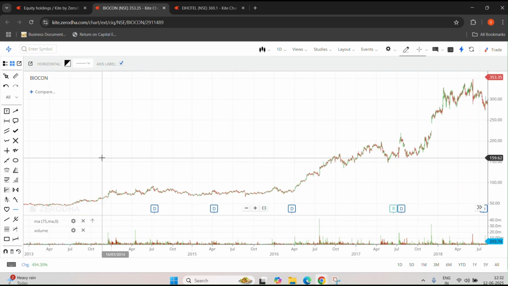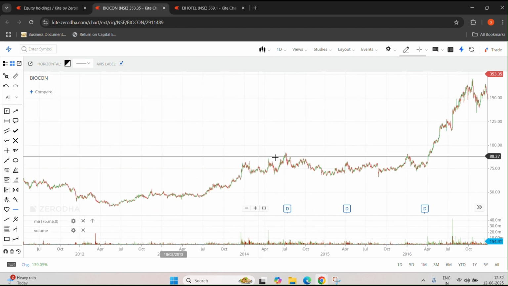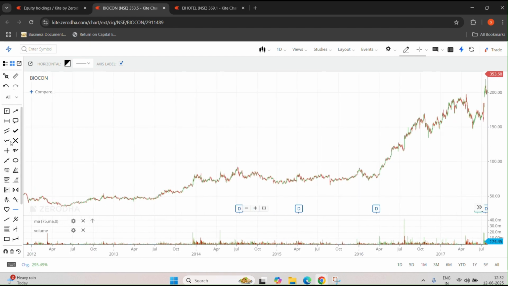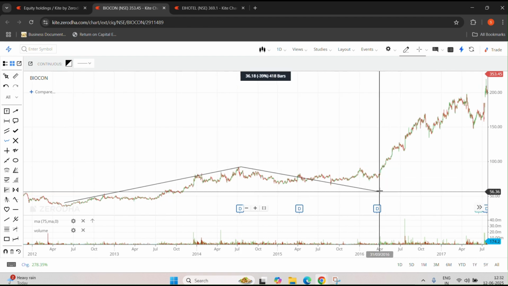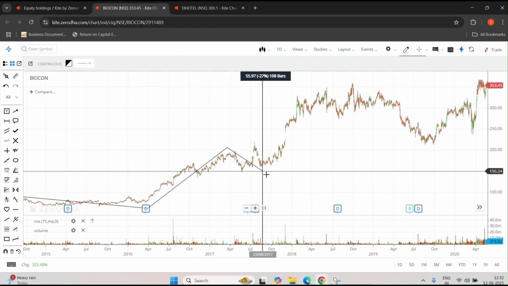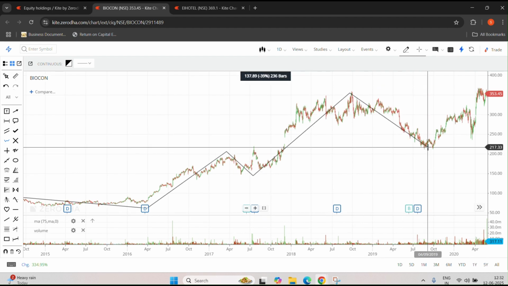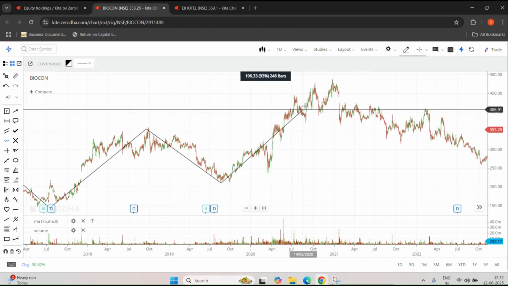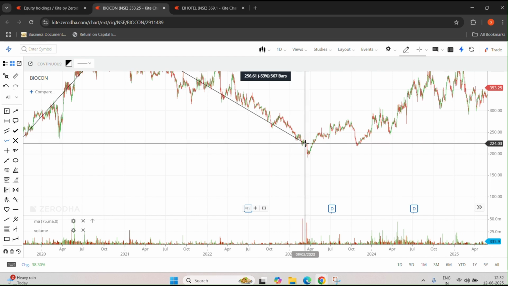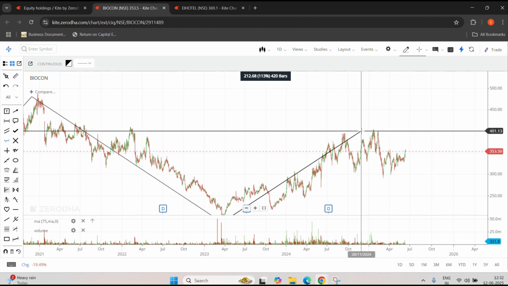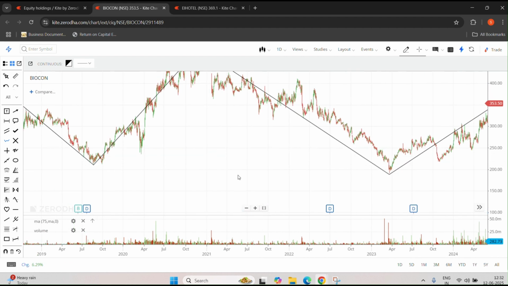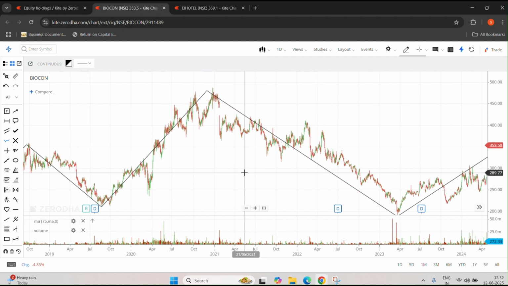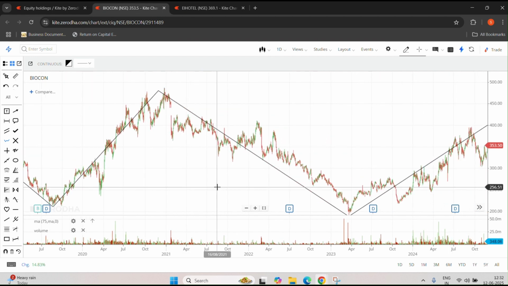If you look at the previous data, what you can see is that this particular stock is protecting its lows and breaking its highs. That means this particular stock is in an uptrend. If you zoom out, we can see that this stock is in an uptrend.